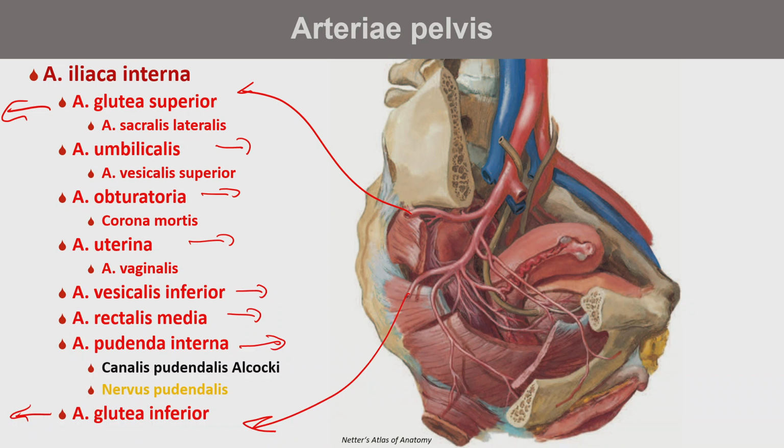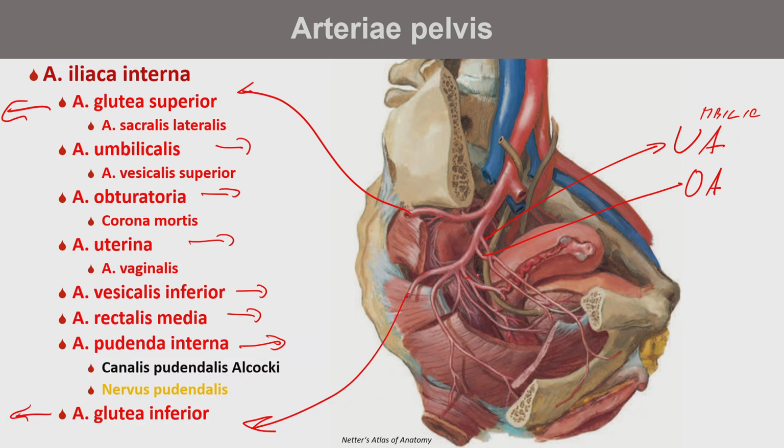Those are dorsal. The ventral are more interesting for us because they are supplying the pelvic organs. They are arising in this order: this is the umbilical artery, then the next one is the obturator artery.